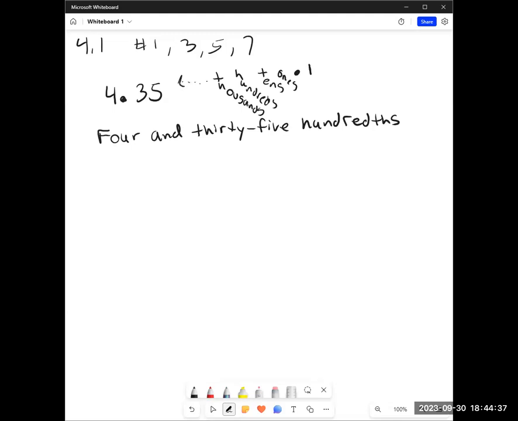Now we're talking about these places to the right, and they're tenths, hundredths, thousandths, and so on. That's just going to continue that pattern where we have a "ths" on the end. So ten thousandths, hundred thousandths, millionths, ten millionths, hundred millionths, billionths, and so on.